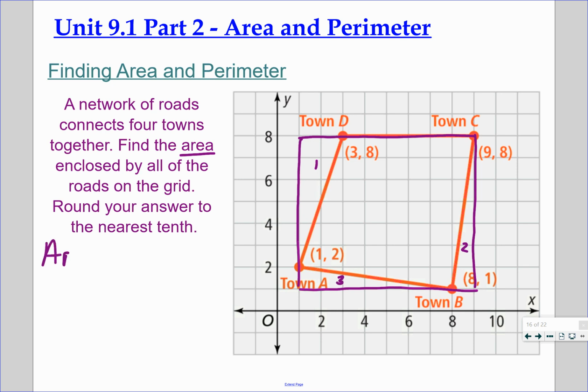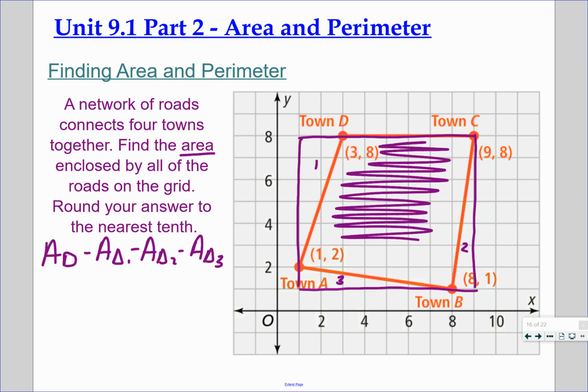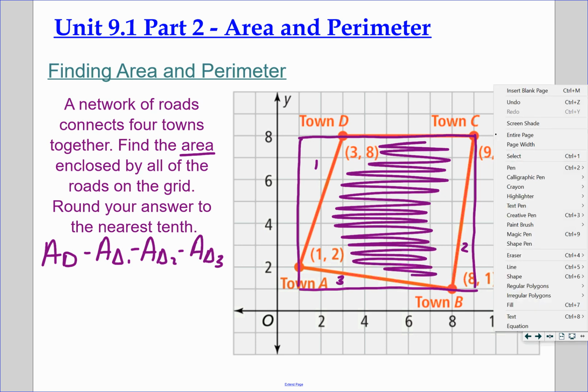I can do the area of this whole box minus the area of triangle 1 minus the area of triangle 2 minus the area of triangle 3, and then I'll be left with the area of my actual shape that I care about.